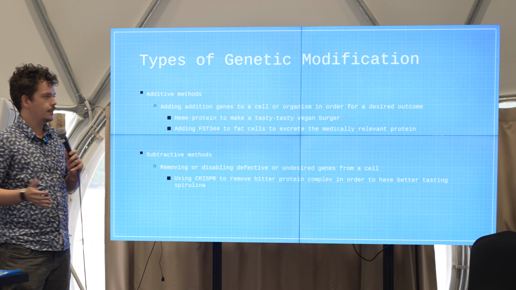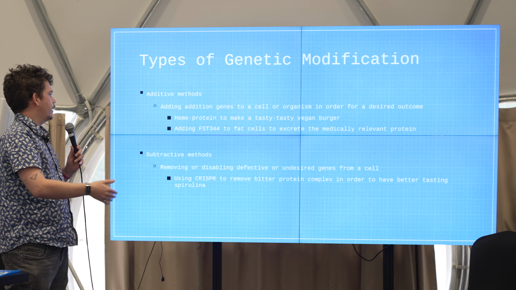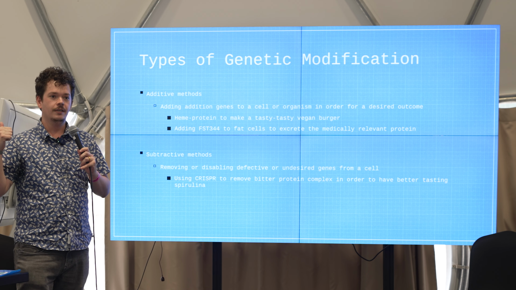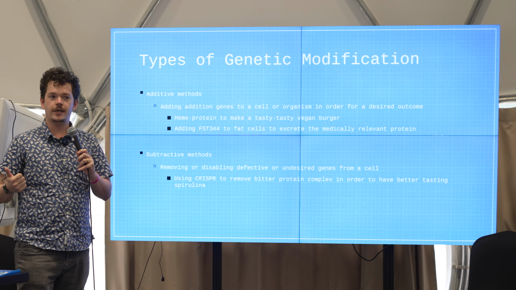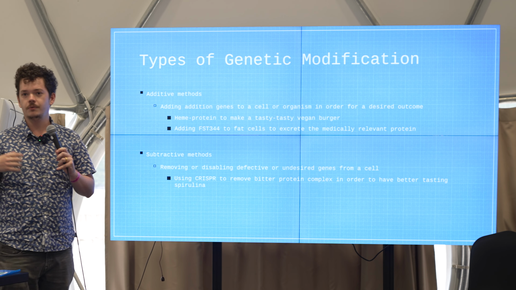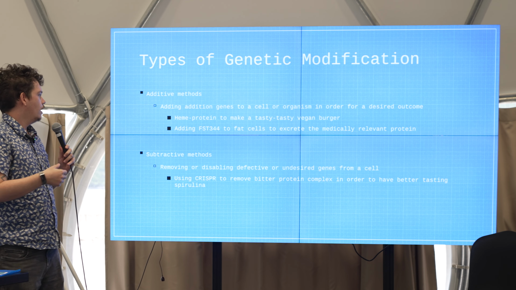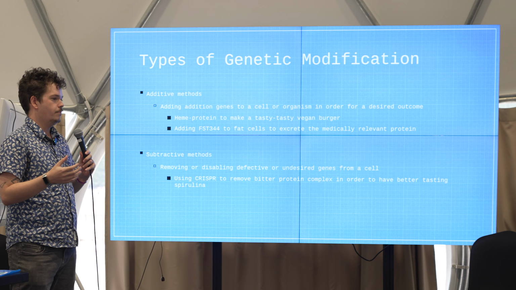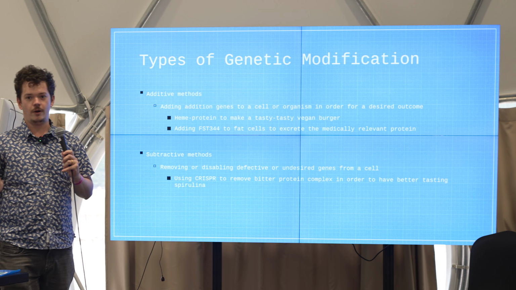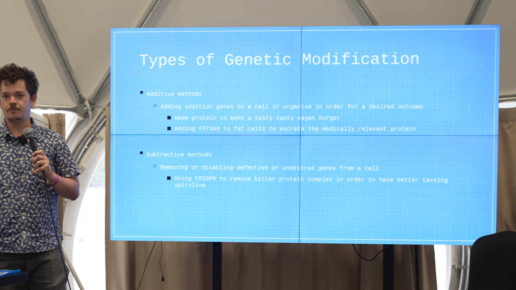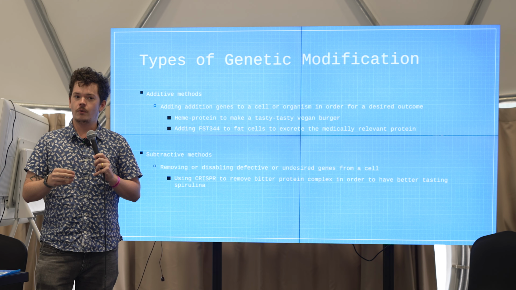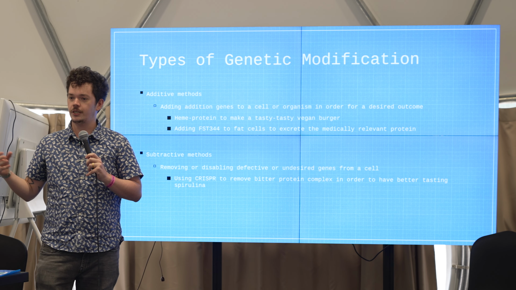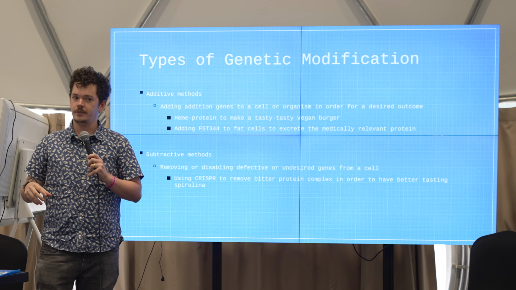There's a bunch of different types. You can either have things that are in vitro, where you're isolating proteins. You can have in vivo expression, for example, our gene therapy expressing follistatin. You can have a variety of different methods. You can have them additive or subtractive, the big two. For example, with CRISPR, you can go in and cut out a defective bit of DNA, or you can stop the expression of a particular protein in a problem area.